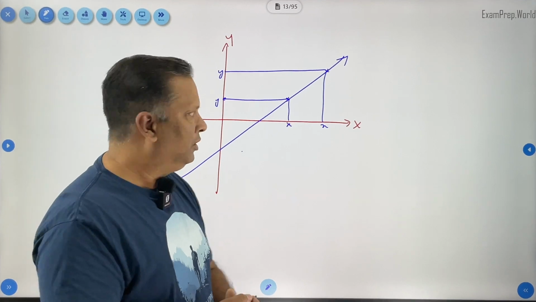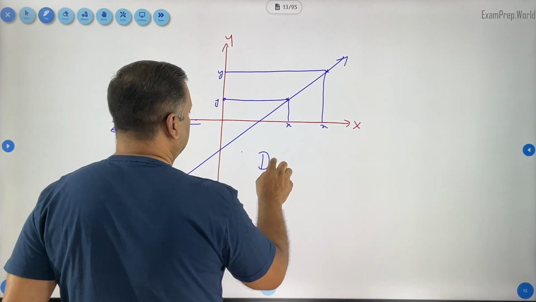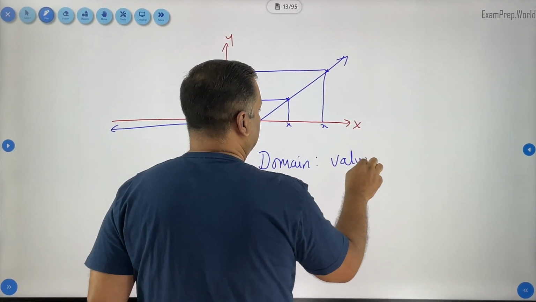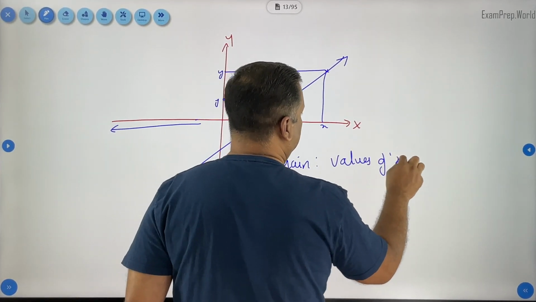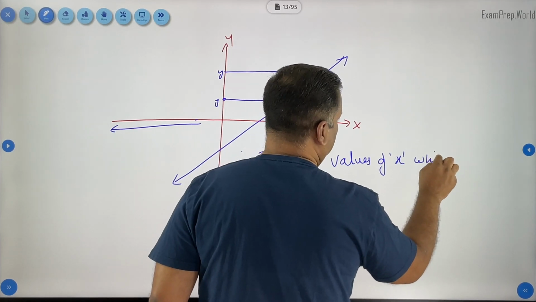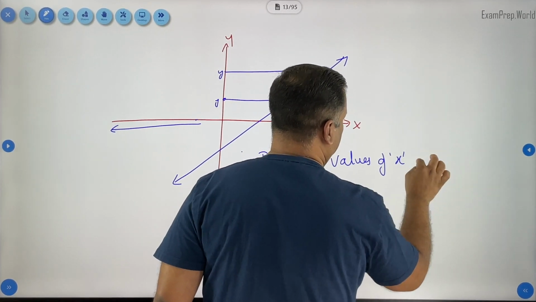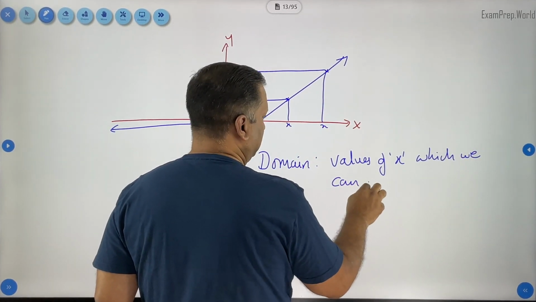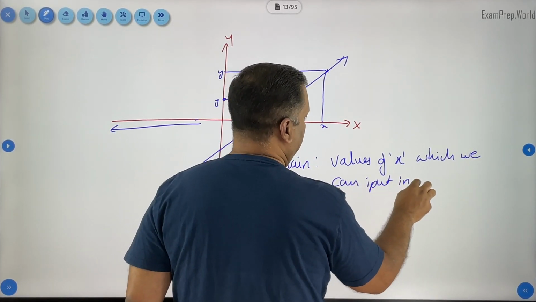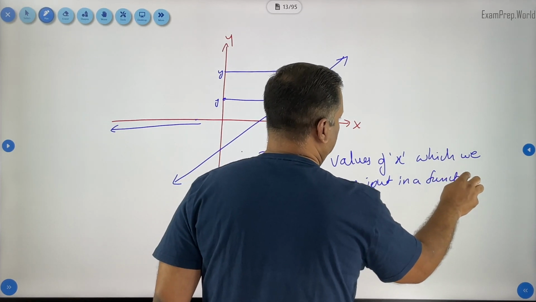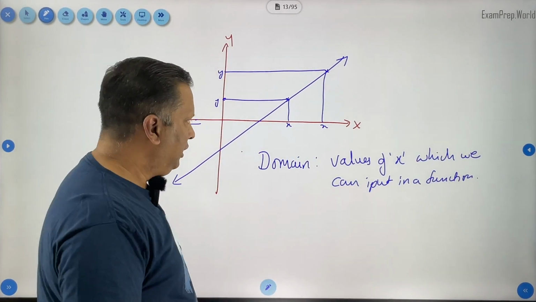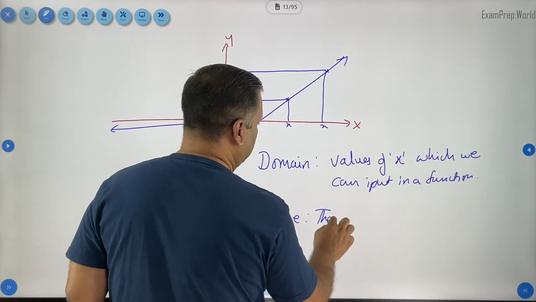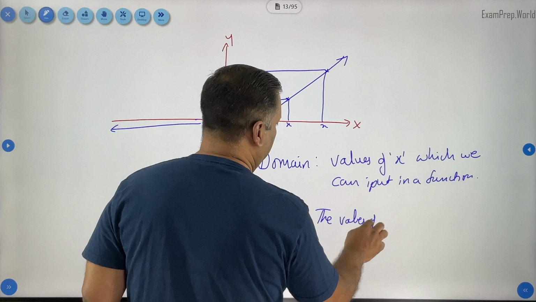Okay, right? So what is domain? Domain is the values of x which we can input in a function. Okay. And what is range? The values of y.